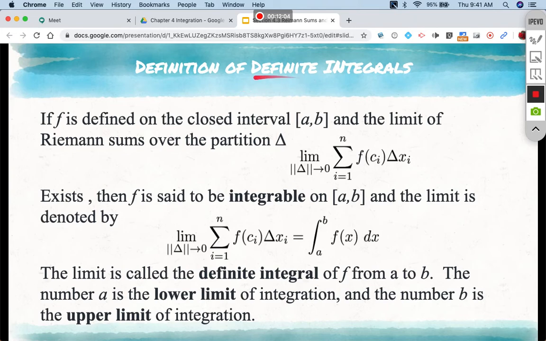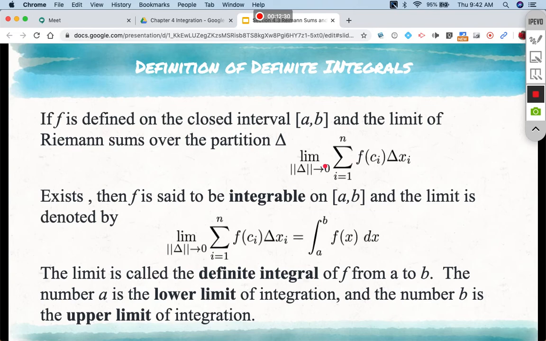But this idea of a definite integral comes from doing this. f is defined on a closed interval, a to b, and the limit of the Riemann sums over a partition exists. So we look at this as the norm approaches 0, the limit of the Riemann sums.